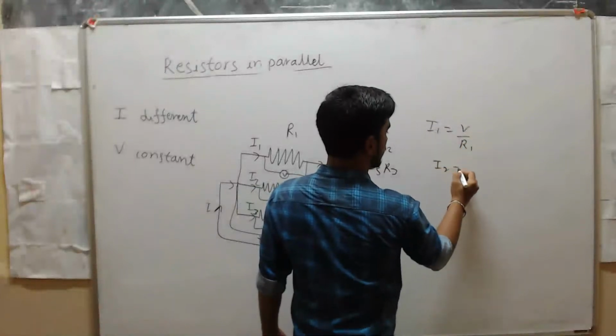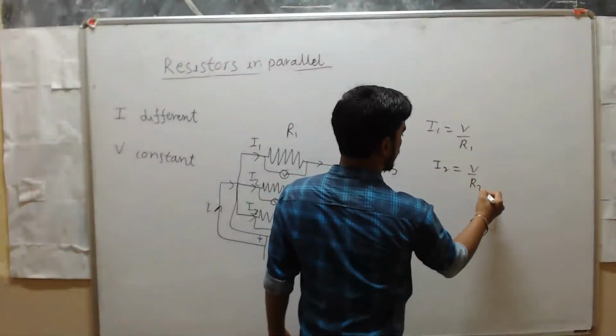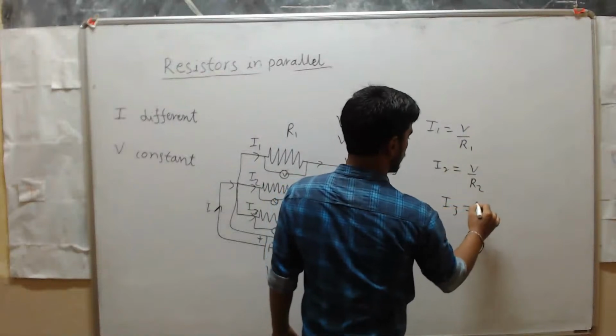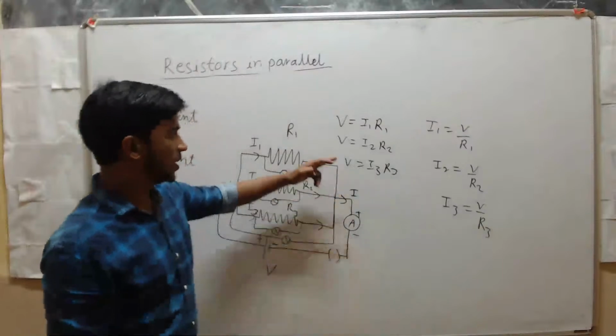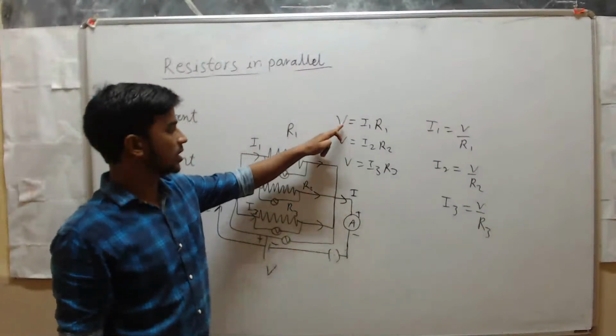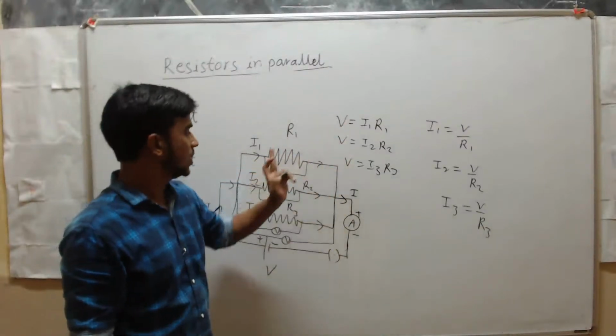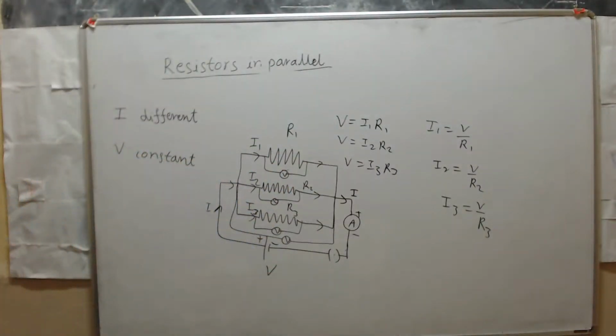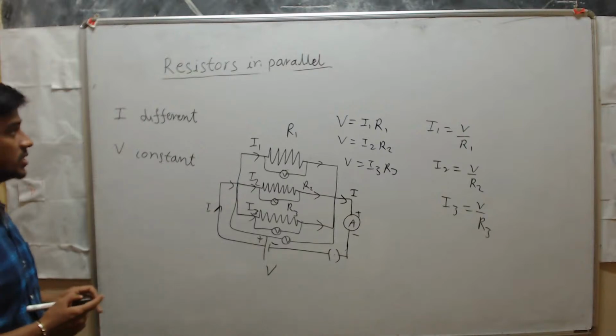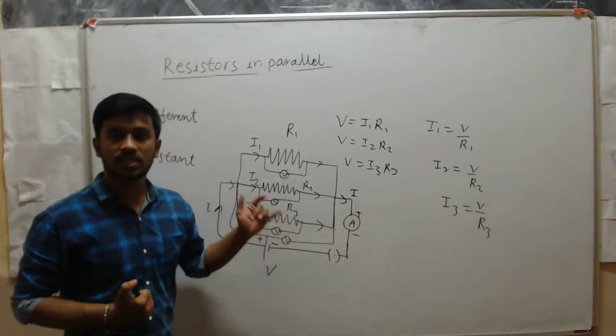I2 equals V divided by R2. I3 equals V by R3. See here I have taken V only, I have not taken V1, V2, V3. Why? Because voltage is the same in a parallel circuit. When the resistors are in parallel, the voltage is the same.